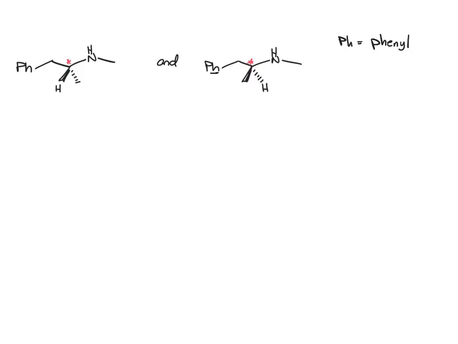All a phenyl group is just a simple aromatic or benzene ring attached to the molecule. So if you see Ph, that just means this ring is attached there. Now these two molecules look very, very similar. The only difference is in the 3D configuration of the chiral center.